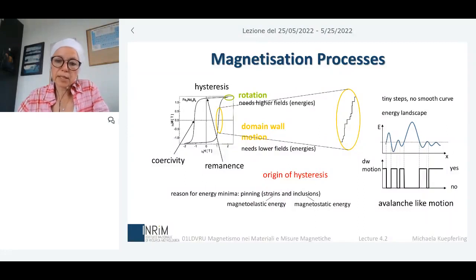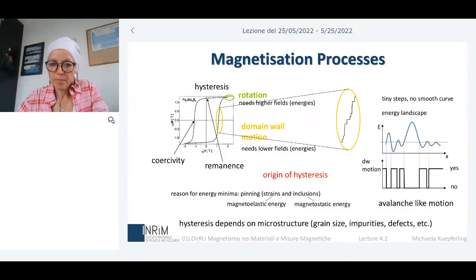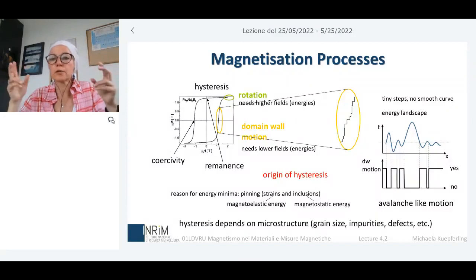For example, a non-magnetic inclusion will also pin your domain walls. So this brings us to a very important fact, that hysteresis and the hysteresis curve do not only depend on the intrinsic properties of your material, but also on microstructure. And microstructure is a kind of extrinsic property of your material because you can change it.